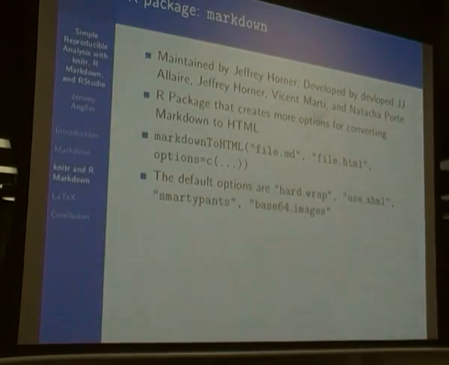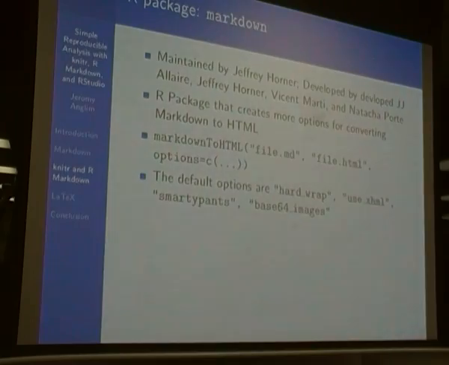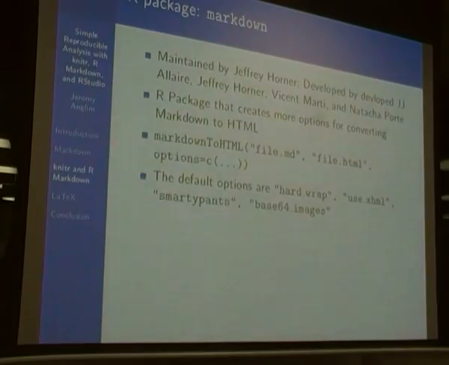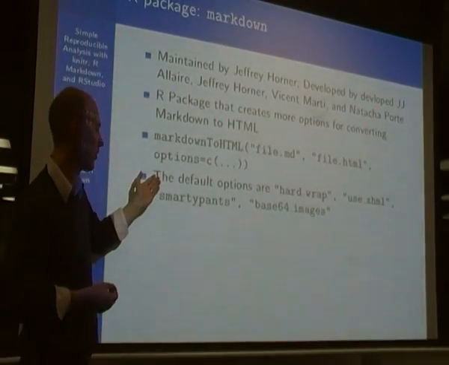I like to incorporate the output of a Markdown document as a code fragment with no HTML header, so I can incorporate it straight into a blog post. So with this program, you can easily do that without having to manually extract certain bits. You can also disable some of the default options.